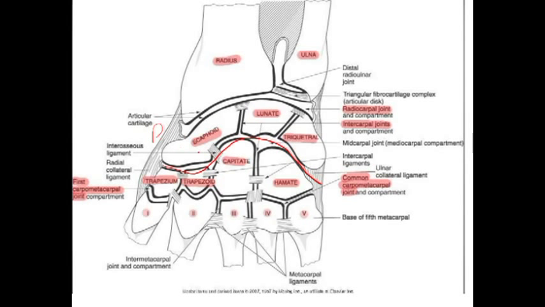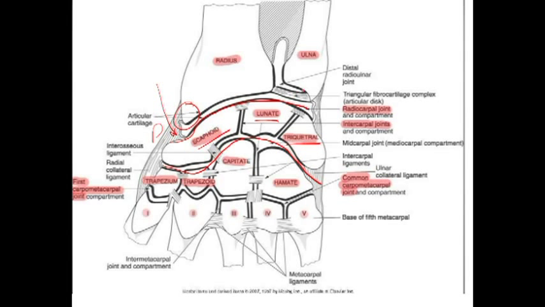In the proximal row we have the scaphoid, the lunate, trapezoid, and the pisiform. And in the distal row we have the trapezium, trapezoid, capitate, and the hamate. Notice how the proximal row has a tendency to follow the curvature of the wrist so that it fits very nicely where the radius and the ulna create this kind of arch shape.